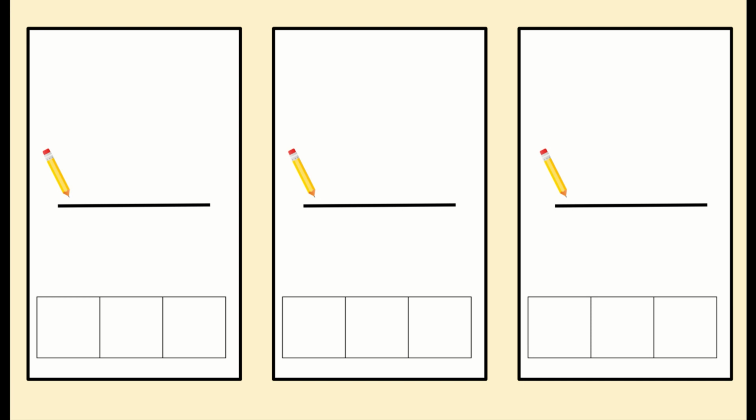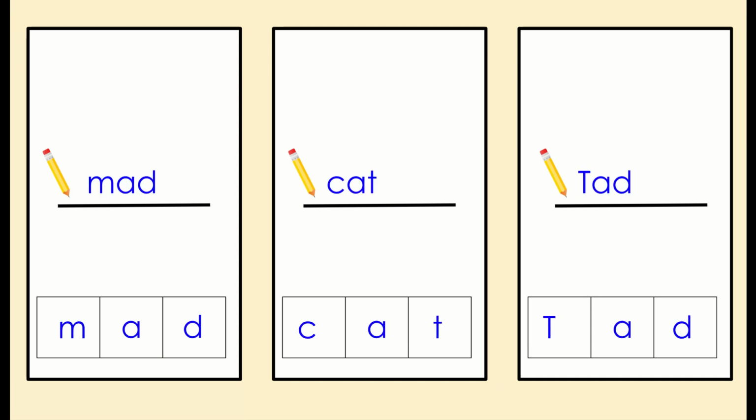Let's check to see how you did today. The first word, mad, has 3 sounds made by the letters M-A-D. The next word, cat, has 3 sounds, k-at, made by the letters C-A-T.